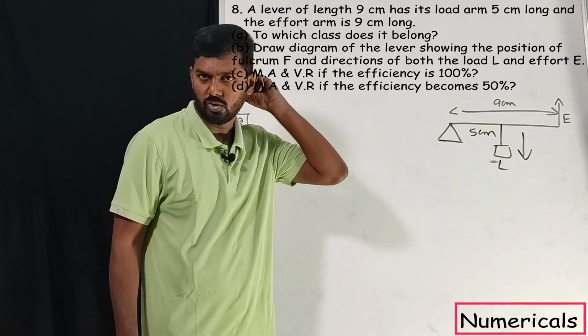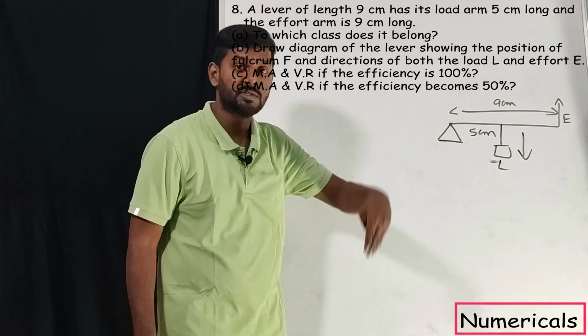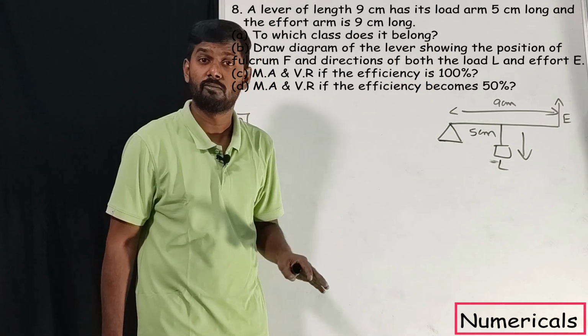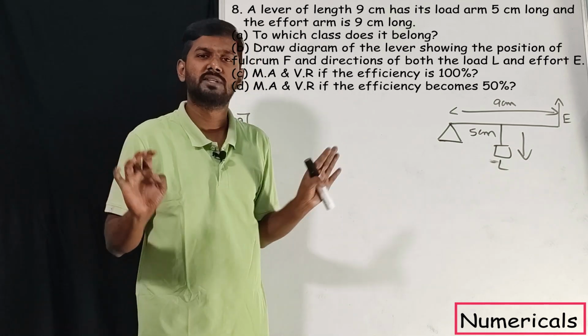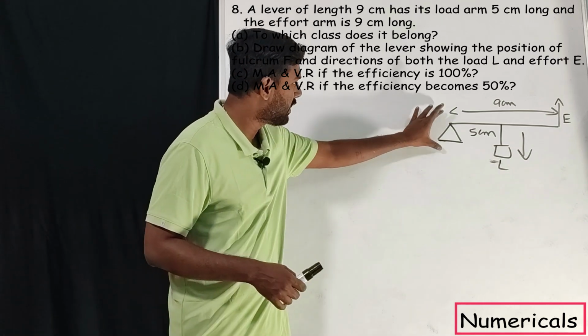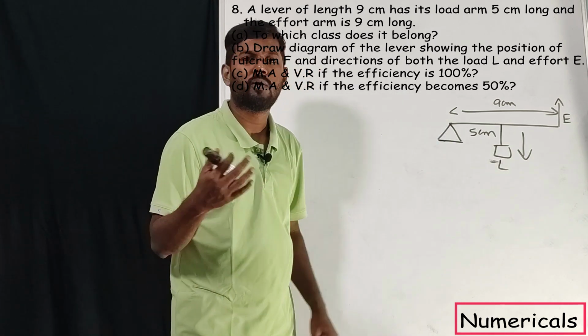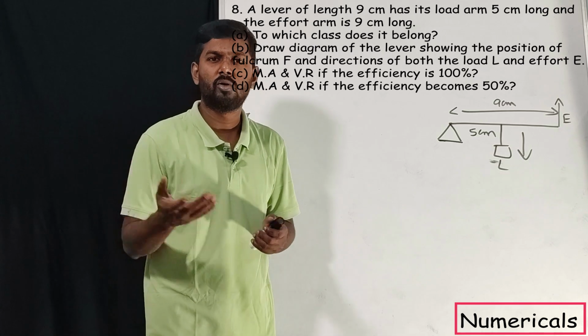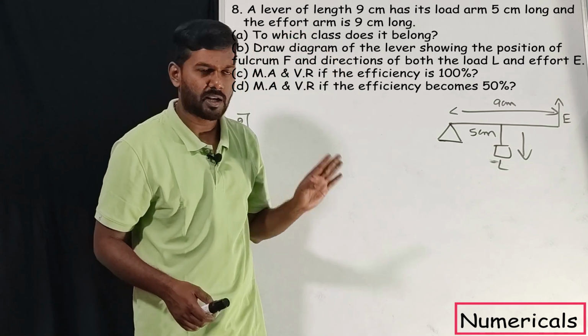Why did I get to know that the directions are opposite? Why is it not the same? Why is the load always downward? Why is the effort always upward? See, what is the use of the fulcrum? To balance the scale. If the fulcrum is here and the load is here, 5 centimeter, what is the direction of the load? What do you mean by load? Load is nothing but the weight of the object, that will always be in the downward direction, correct?